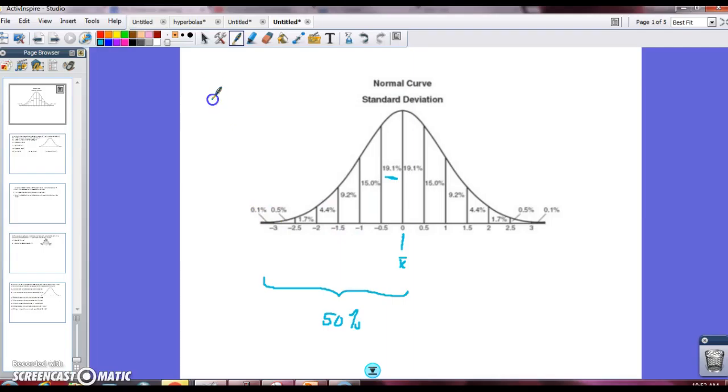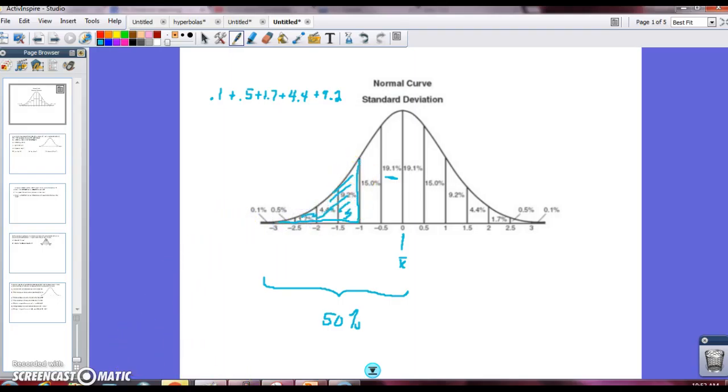If I were to add up 0.1 plus 0.5 plus 1.7 plus 4.4, so actually I'll go to plus 9.2. I'll add up all of those. So I'm adding up all of these from here down. I'm going to add up all of those percentages. Okay, that's what I'm adding up here.